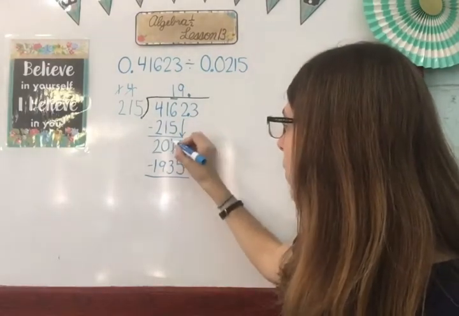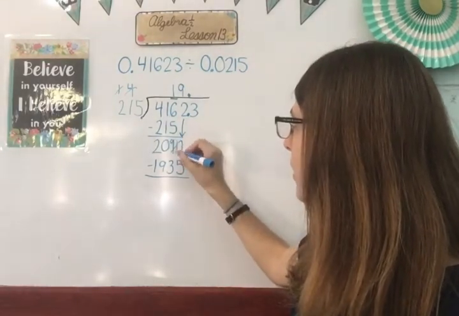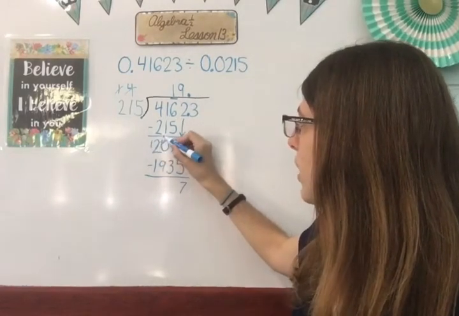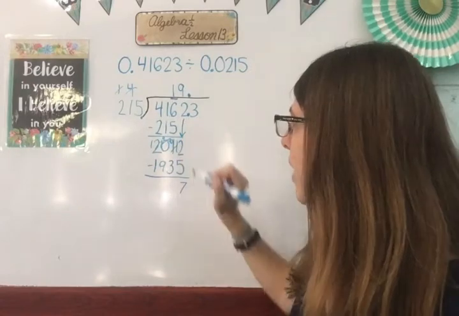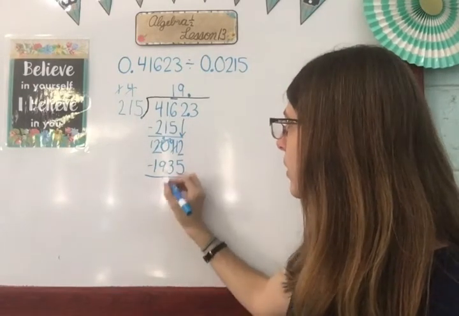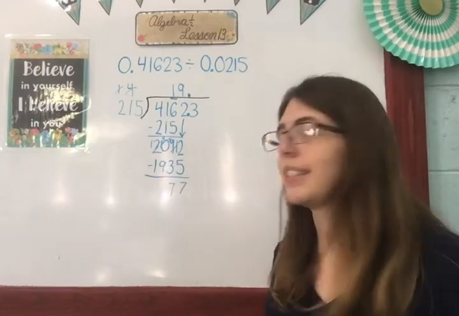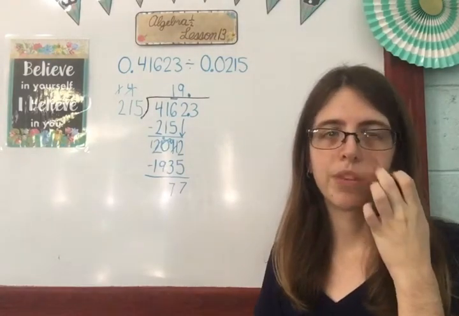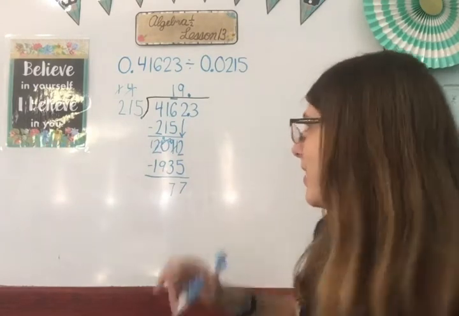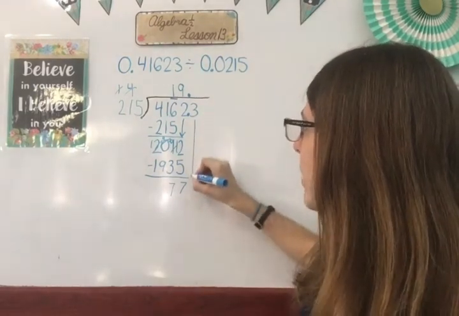I borrow so that I can subtract. I have to borrow from this 2. This becomes 9. That becomes 10. 7. Okay. So I got 77 when I borrowed. Is 77 less than 215? Yes, it is. So now I'm going to bring down my 3.